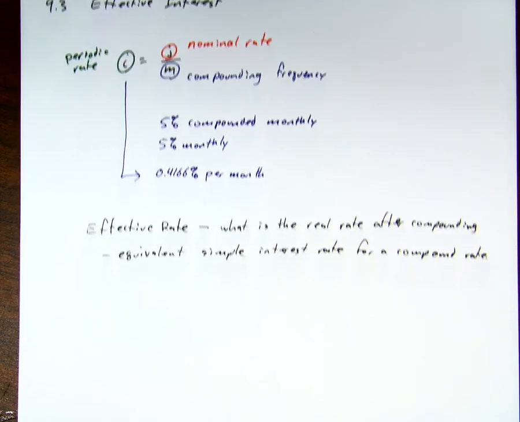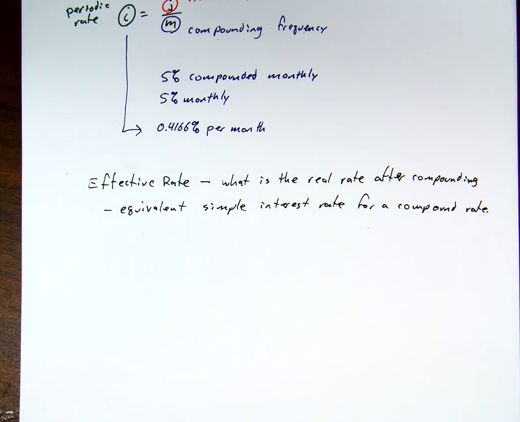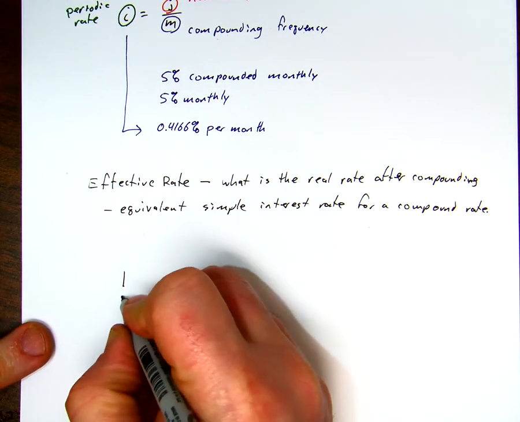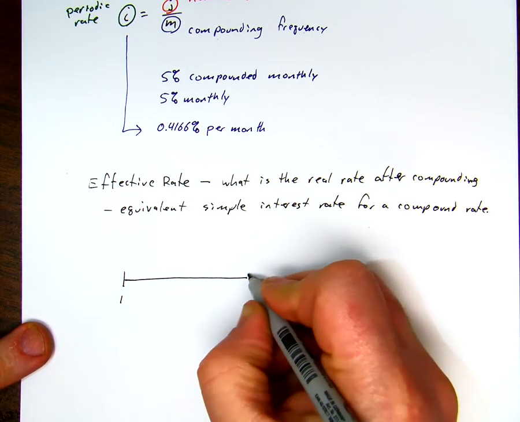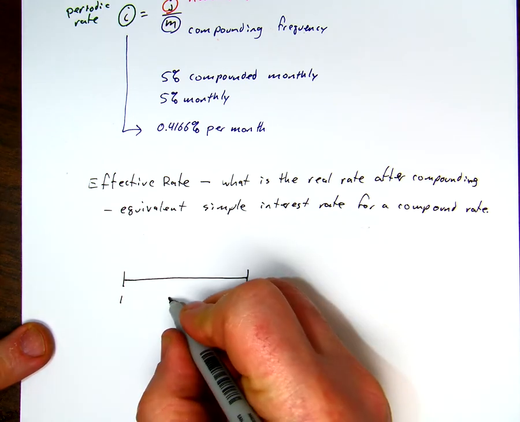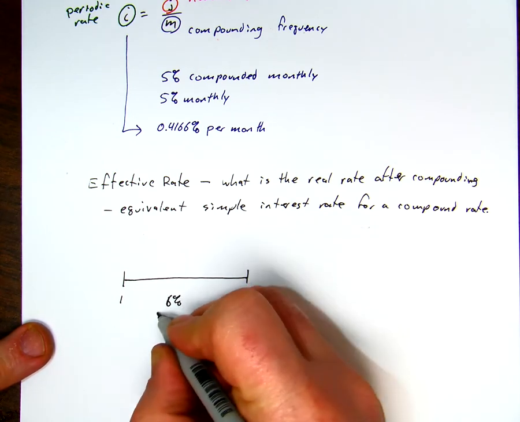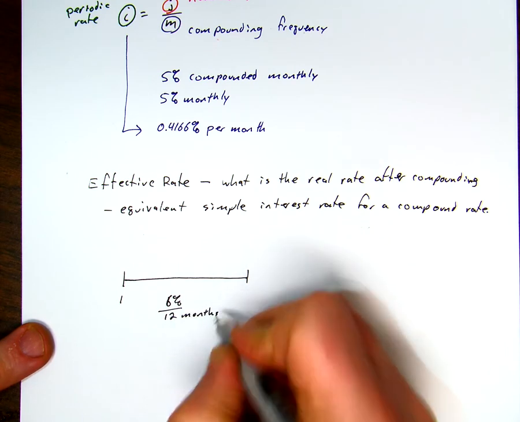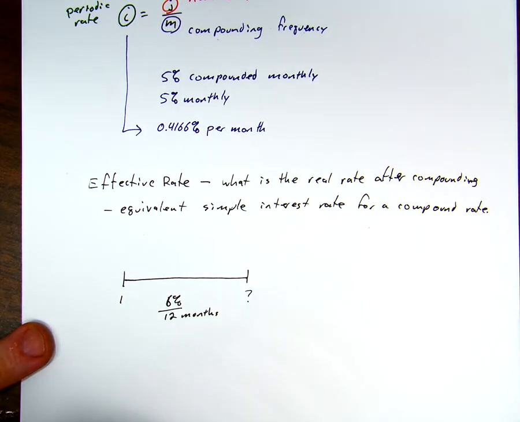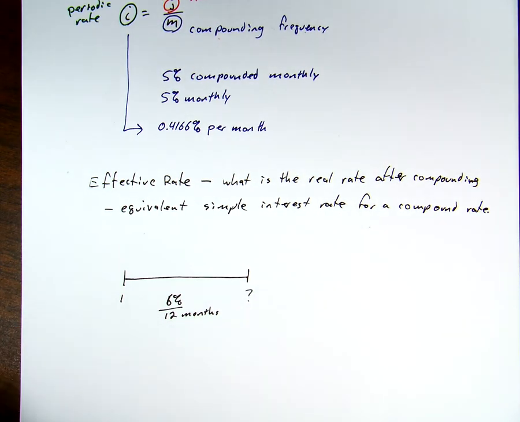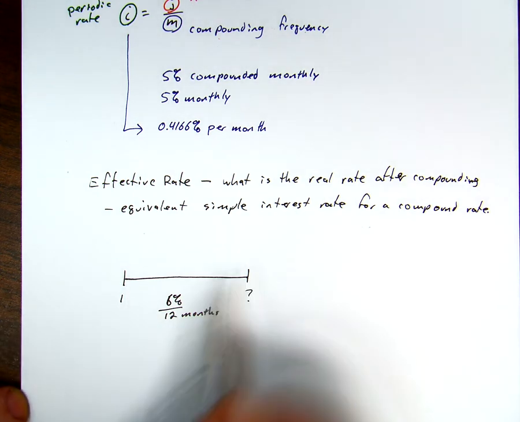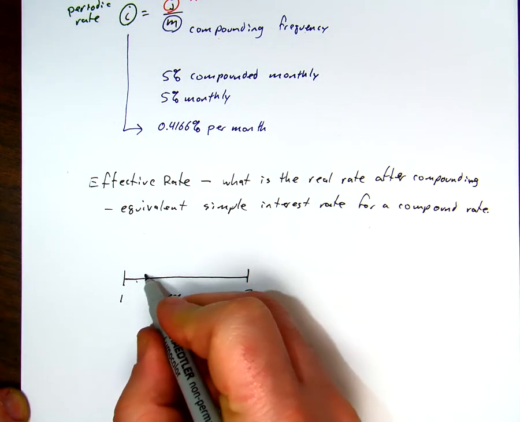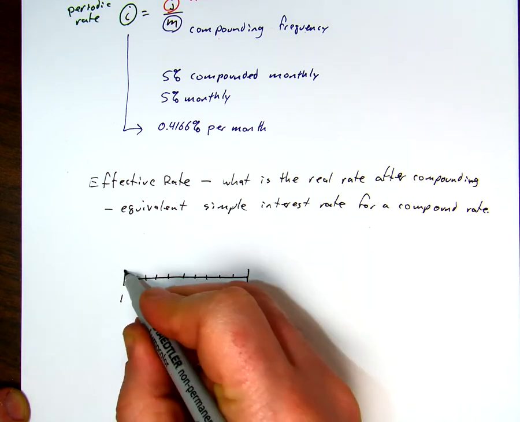Well, we could do a simple little exercise on our calculator. We could take a look at, say, $1 invested for a certain amount of time at, say, 6% compounded monthly. What we want to take a look at is what would be that equivalent rate if it was only one annual amount instead of 12 months.